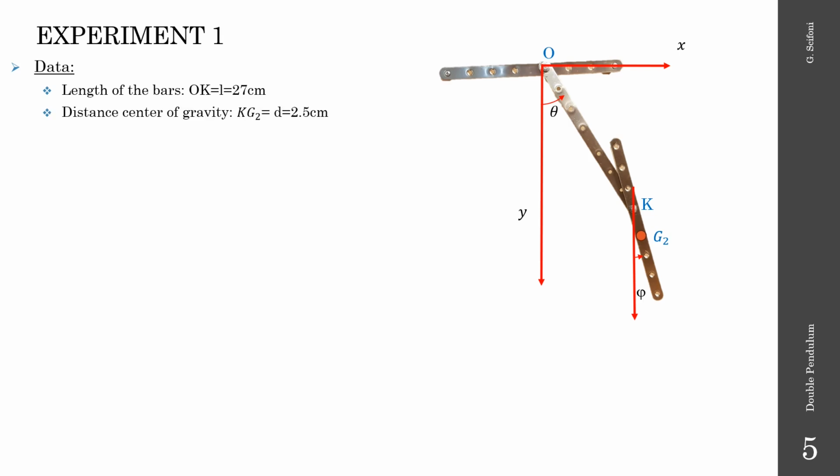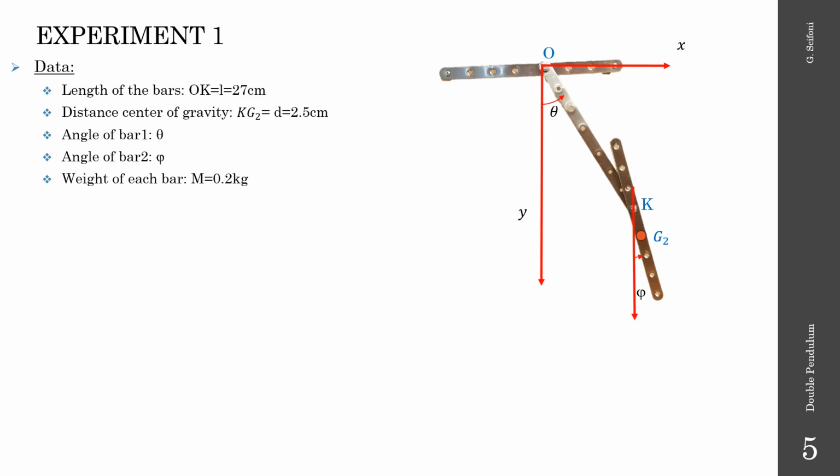The distance of the pivot capital K from the center of gravity of the bar 2, that is G2, we call D, and it is 2.5 cm. We have already defined the angle theta and phi in the previous slide. The weight of the bar is 0.2 kg.